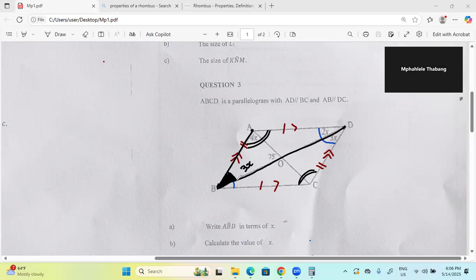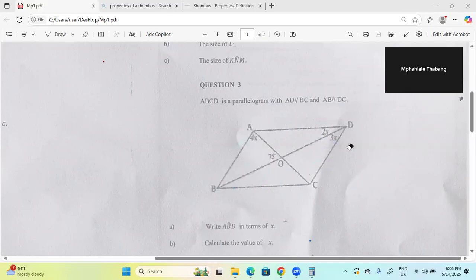Why? Whenever you are given two lines that are parallel, let us focus on the line AB, which is parallel to the line CD. And then create a line which touches these two parallel lines. We call it a transversal line.